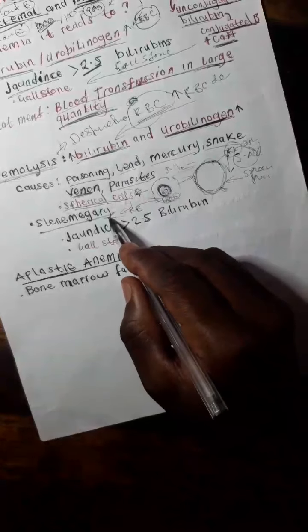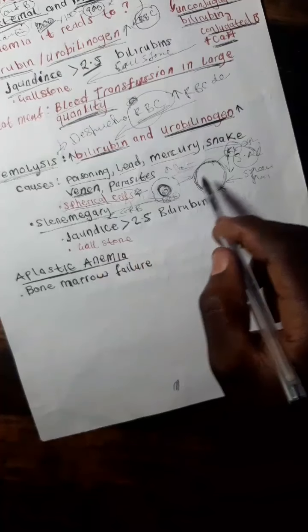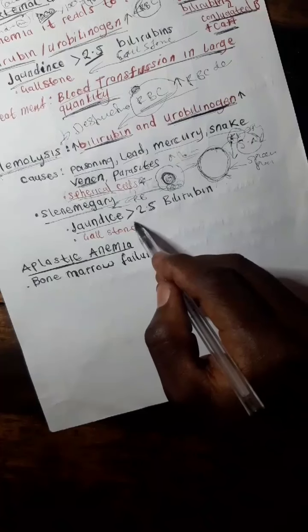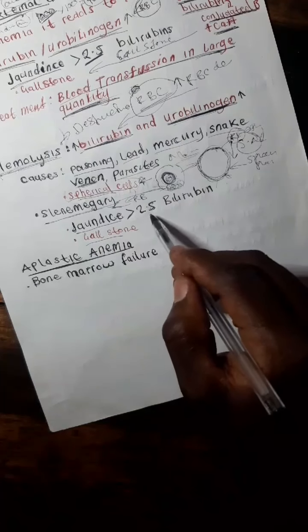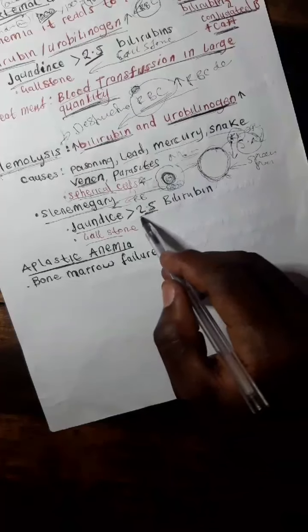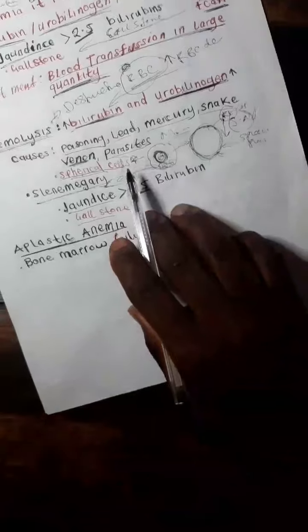Hence, the spleen is overloaded. So this can cause jaundice and also gallstones. Jaundice is mainly when there is too much bilirubin, about 2.5.